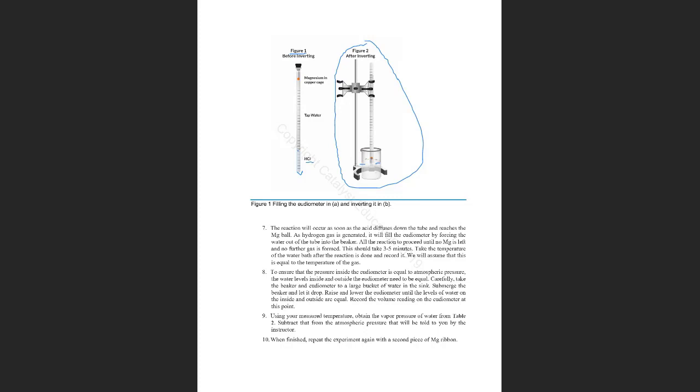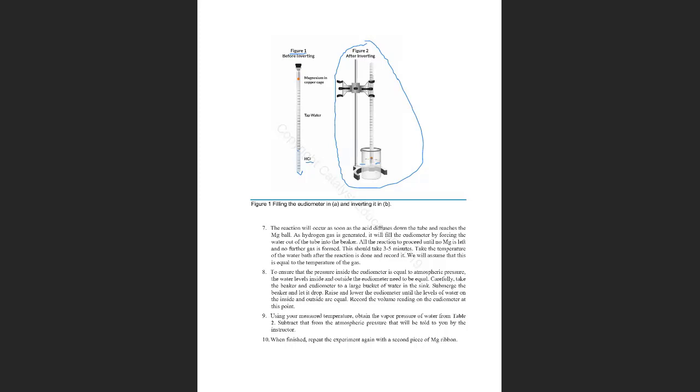And the amount of water vapor depends on the temperature. We will see that shortly. So we measure the temperature of the water bath after the reaction is done, assuming that it is the same as the temperature of the gas.